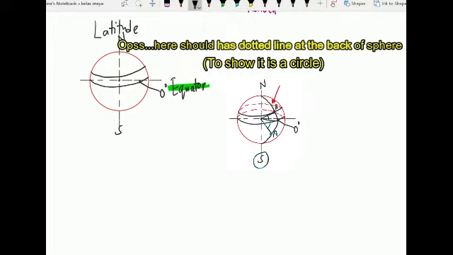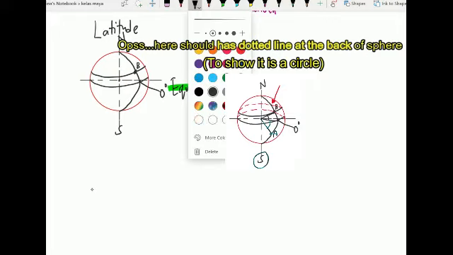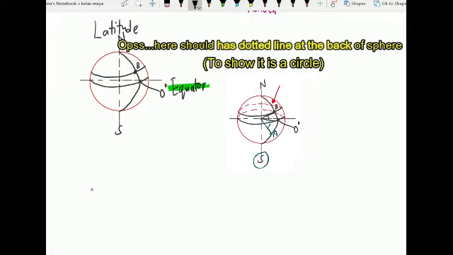I'll draw one meridian so that we'll know that it is at the same meridian, the same longitude. Let's say this is B. So how are you going to read this? You read this from the center, still from the center, but to the upper or to the below.